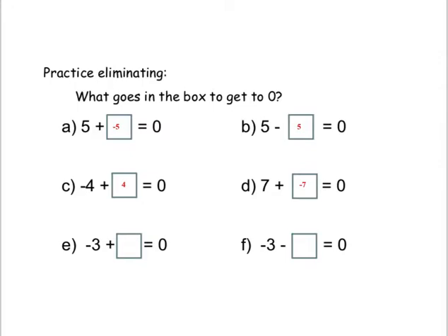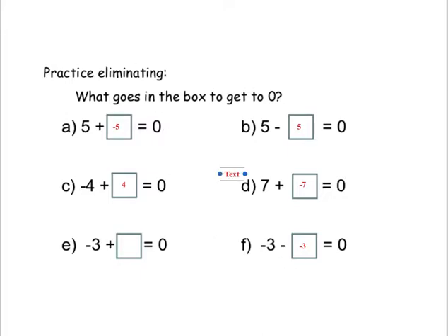We'll do one more. I'm going to do this one here. So -3 minus what is going to give us 0? Well, -3 minus 3 is going to give us -6, right? So we have to make sure that a negative minus a negative gives us a positive.